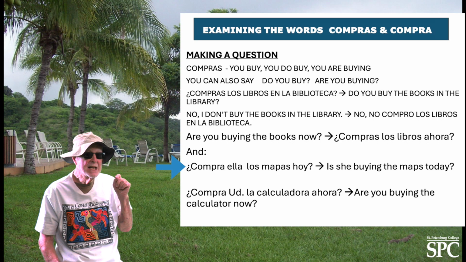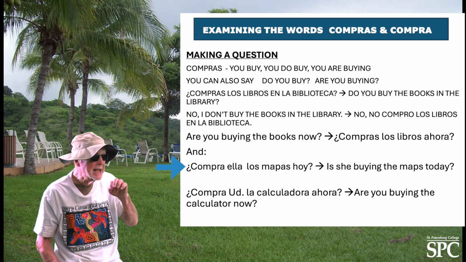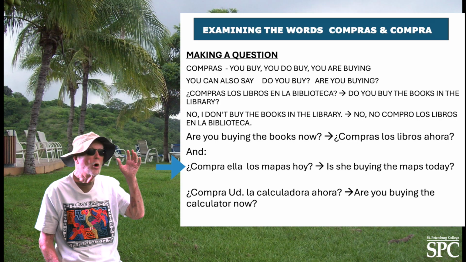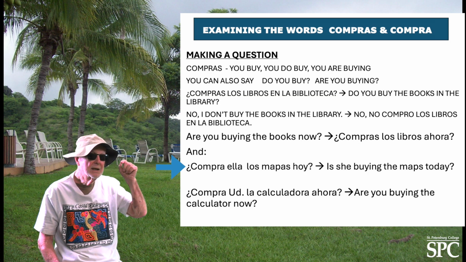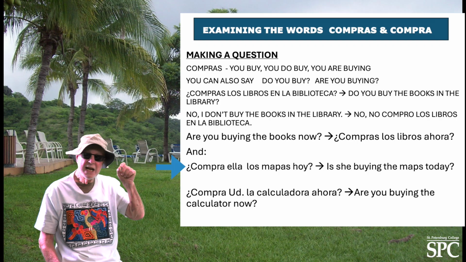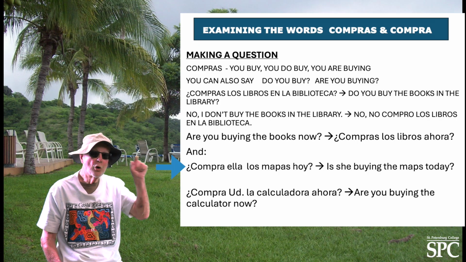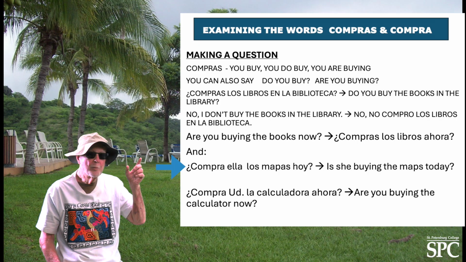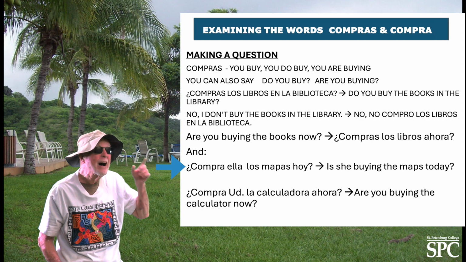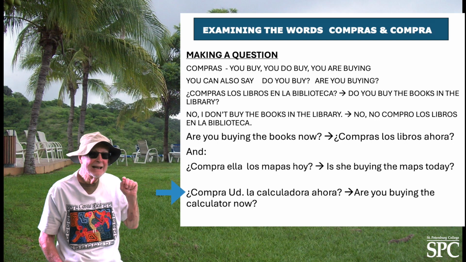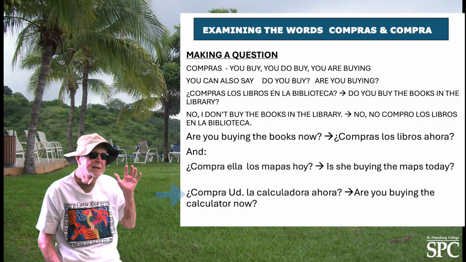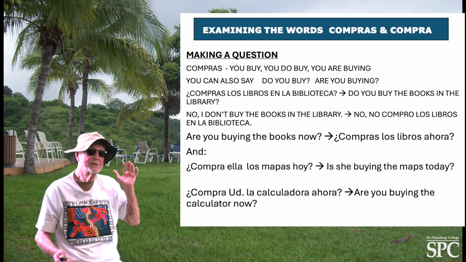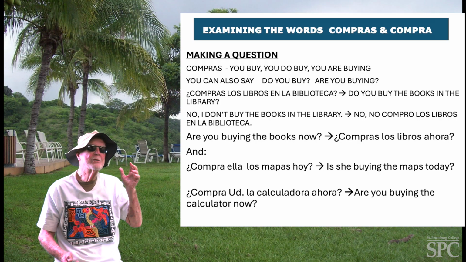We could also say, does she buy the maps today? So we said, compra, do, does, in English, but in Spanish, it's all in that one little word, compra. And finally there, ¿compra usted la calculadora ahora? Are you buying the calculator now? ¿Comprenden? I hope so. Sí. Gracias. Ha sido un placer.